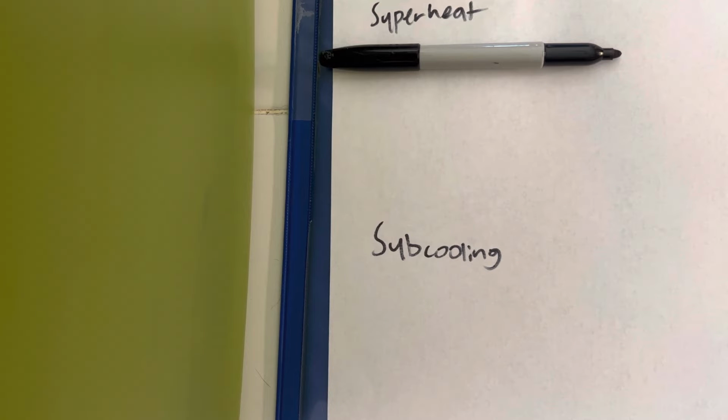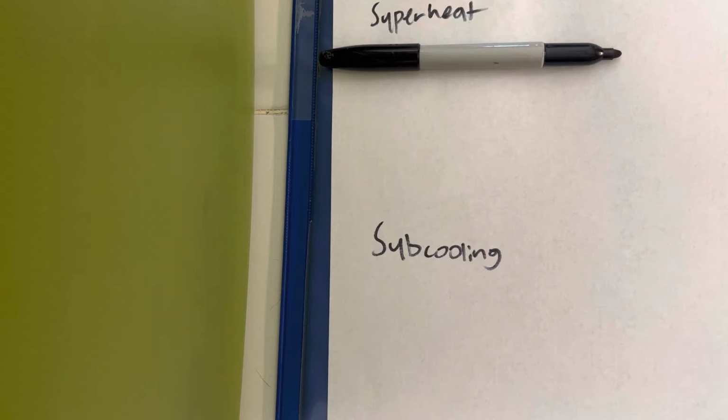But these things are a good indicator of what could be going on in your system. So especially if you're having an issue with the refrigeration side of things and you're not really sure what's going on, these things can help you and lead you in the right direction and tell you what's going on with your system. So we'll talk about superheat first.